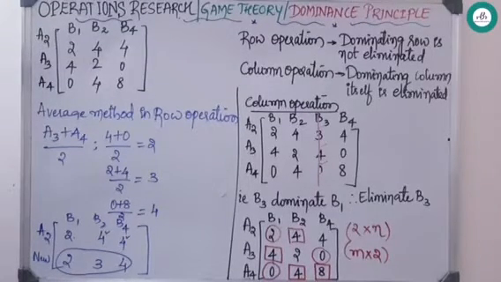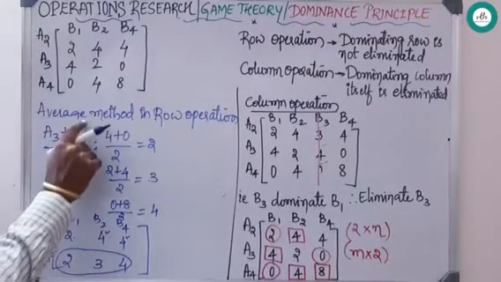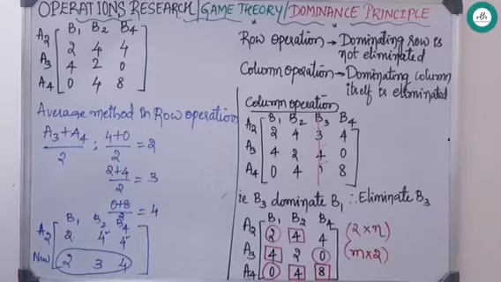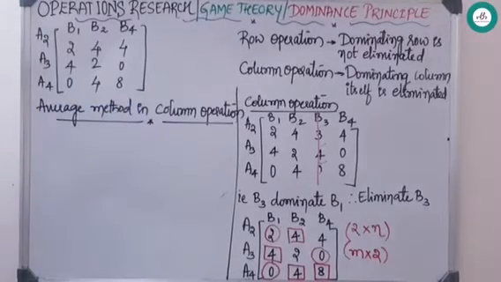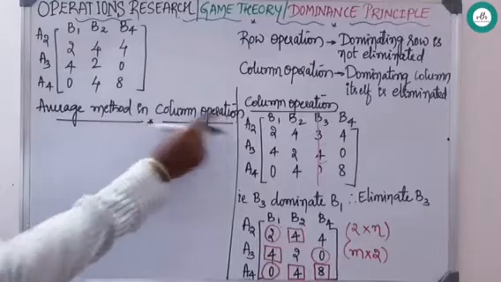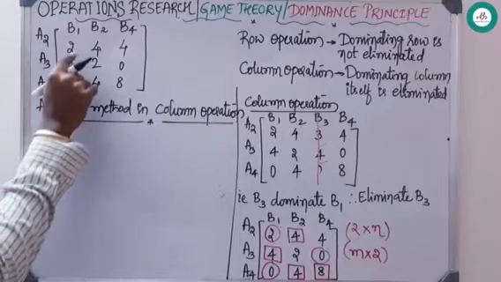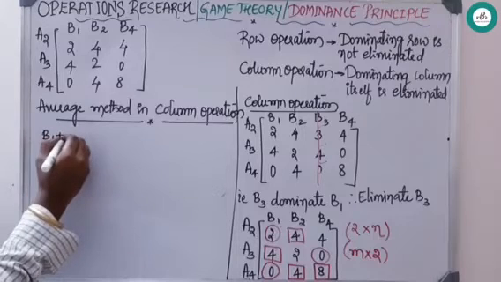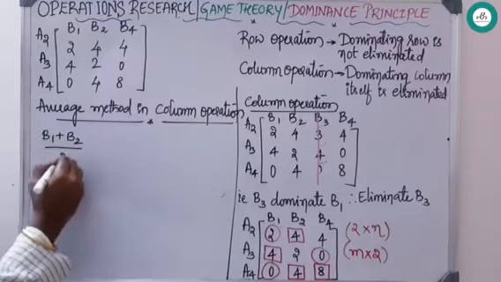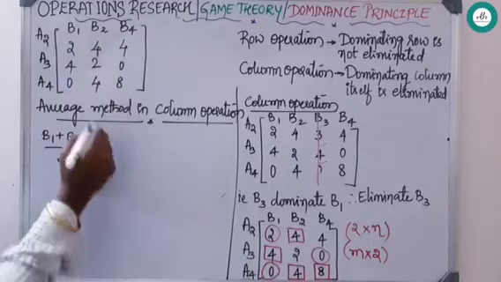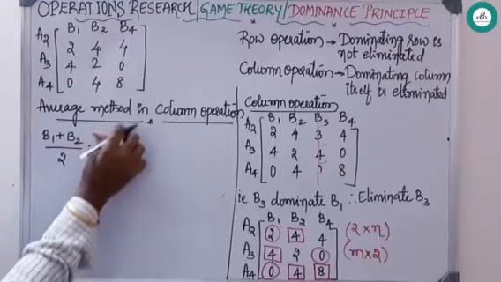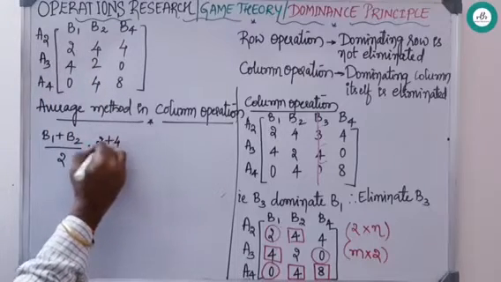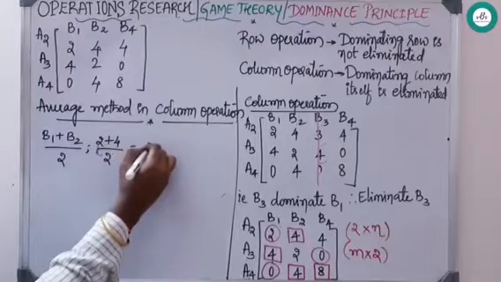We shall proceed with the average method in column operation. So we can take the first 2 columns, that is B1 plus B2 divided by 2. Considering the elements, 2 plus 4 divided by 2 is 3.